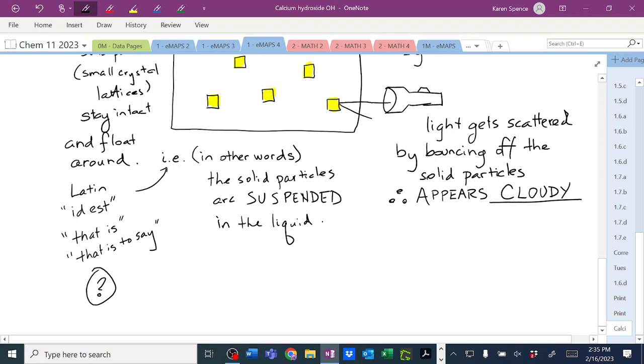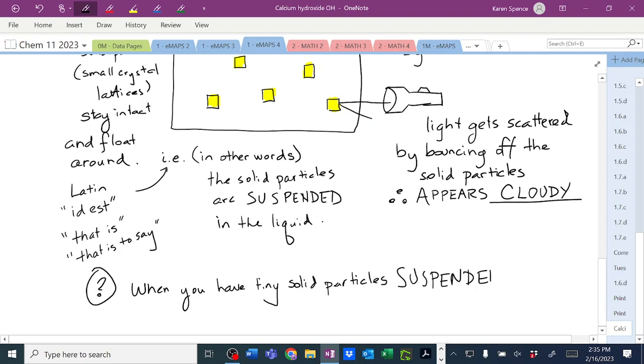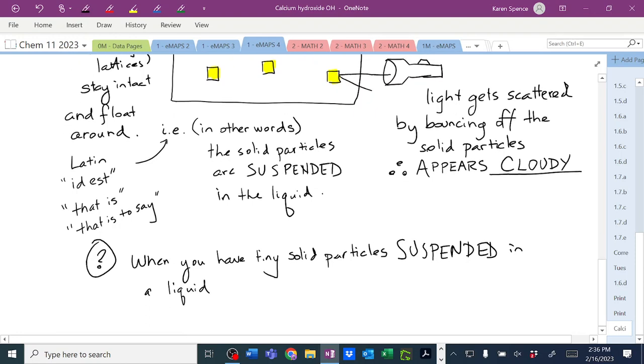When you have tiny solid particles suspended in a liquid, what type of substance do you have?